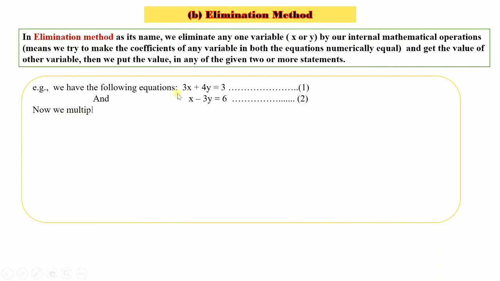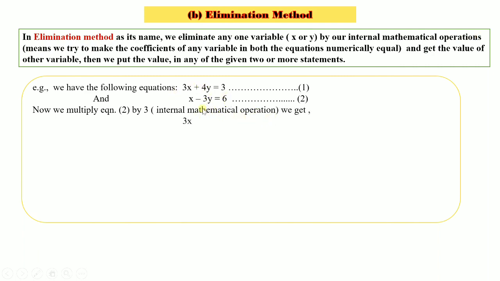Now look here, we have the coefficient of x as 3, and here we don't have a coefficient of x other than 1. So we multiply equation number 2 by 3. That is called an internal mathematical operation.